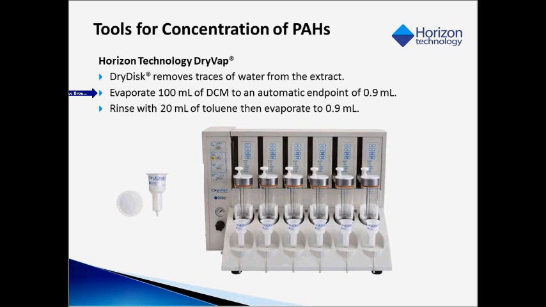We then performed a solvent exchange with toluene by rinsing with 20 milliliters of this solvent. We finally evaporated to an automatic endpoint of 0.9 milliliter. It is not recommended to evaporate the extract to complete dryness, as losses of the free ring compounds may occur.